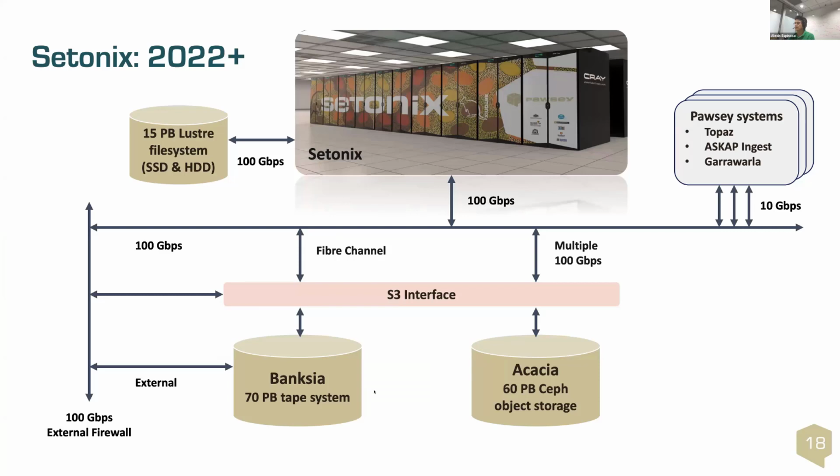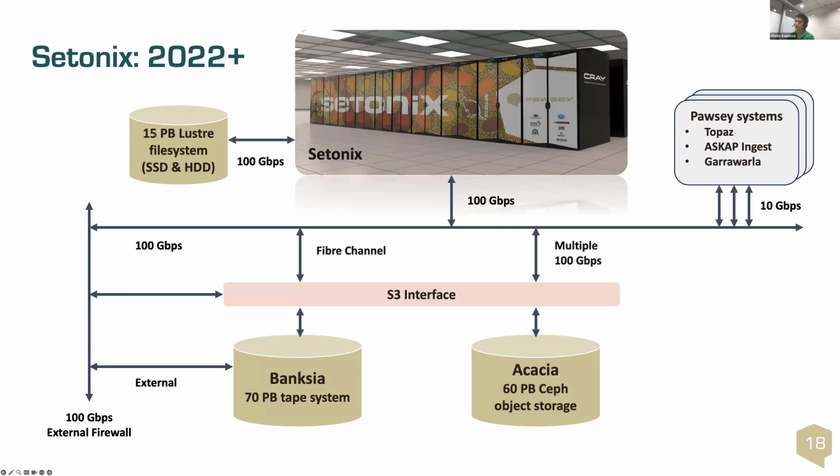So those are the schematics, and this is a larger picture of what is for Setonix. Those were a bit general. This is specifically for Setonix. Besides all the fast communication among Setonix itself, this is our fast storage system.